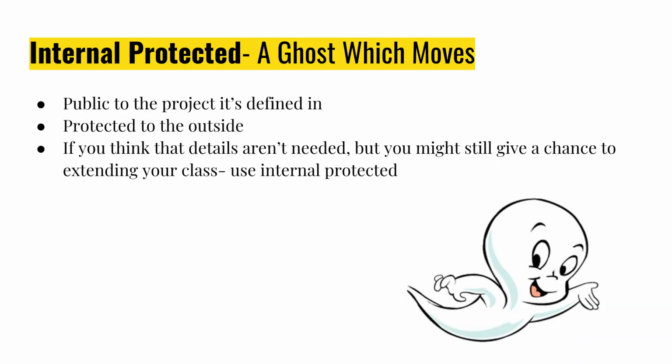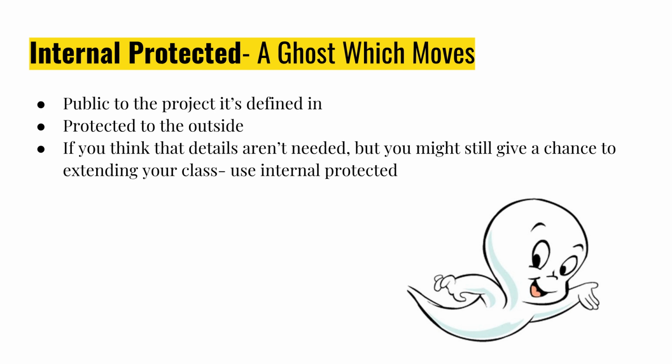Internal protected is a way of saying that you can hide something from the outside assemblies, but you also basically give them a way of inheriting it and a chance of getting the functionality, extending the functionality that was nested inside some class. So it's like a ghost.